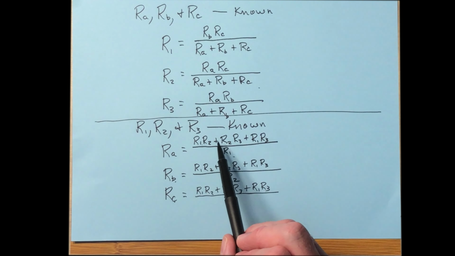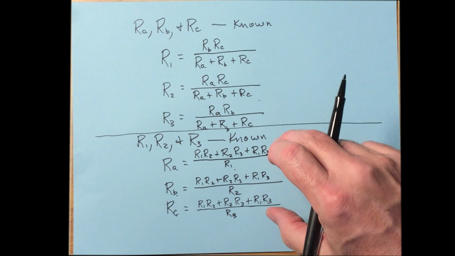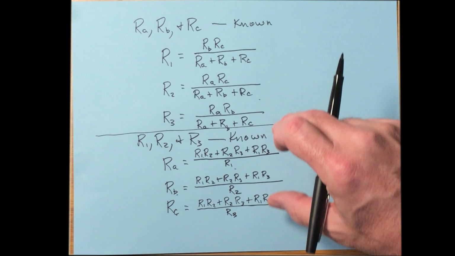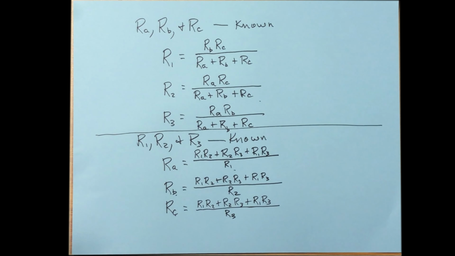They're multiplied together and then summed up. So if you look for those patterns, you may be able to distinguish between these two sets of transformation equations.